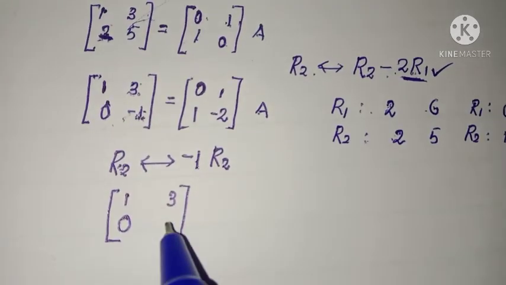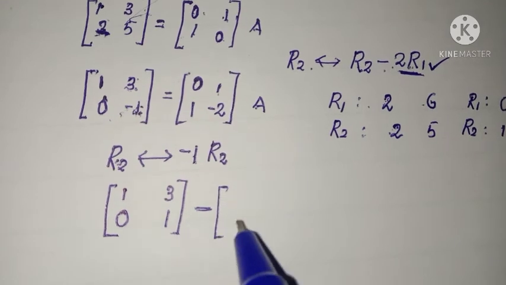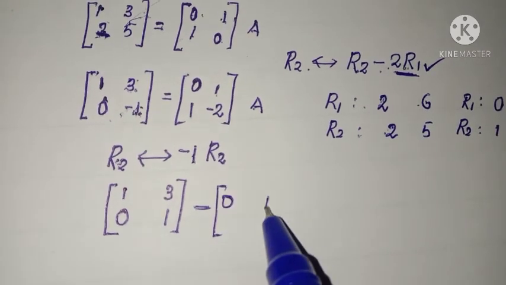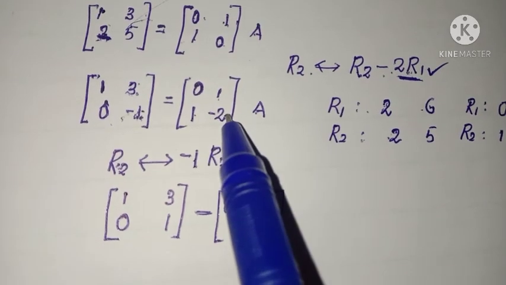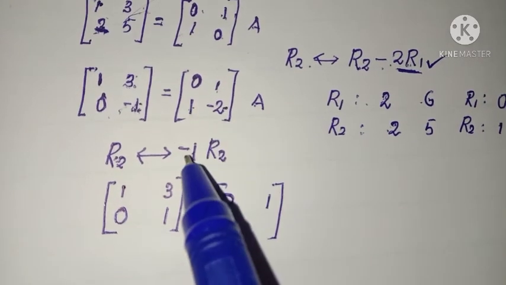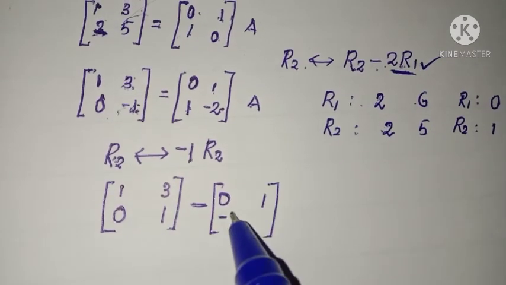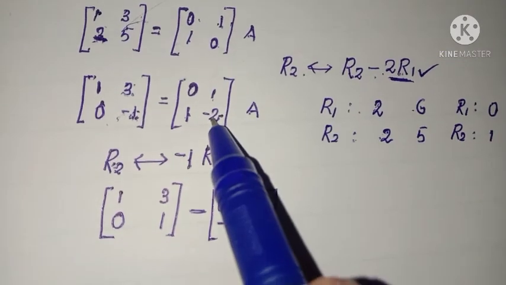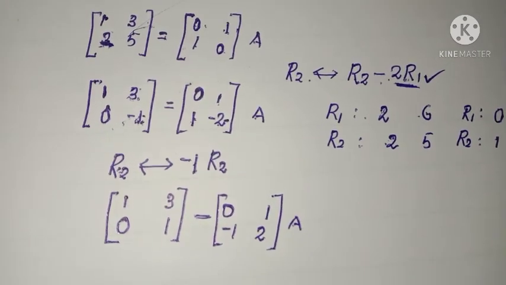Minus 1 into minus 1, 1. Similarly, in this matrix, there is no change in the first row, 0, 1. The second row reduces to scalar multiplication of minus 1. So 1 into minus 1, minus 1. Minus 2 into minus 1, 2 into A.